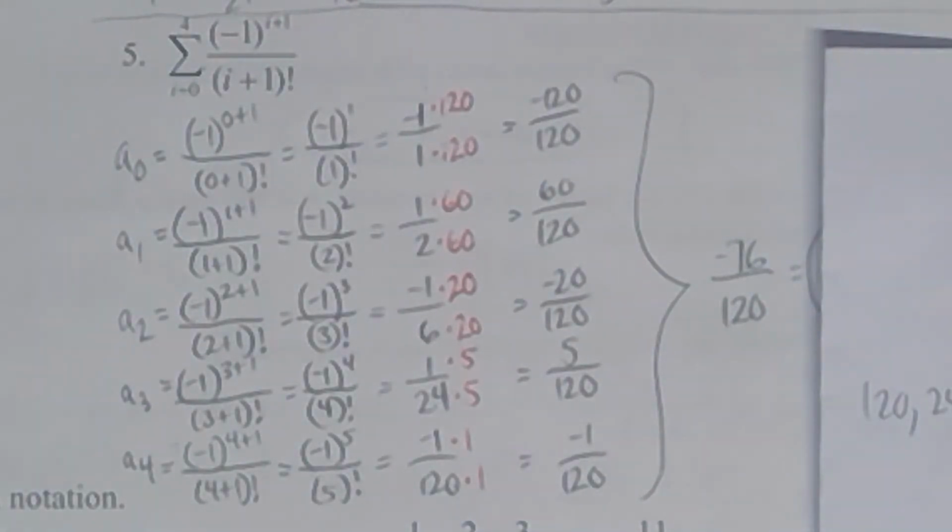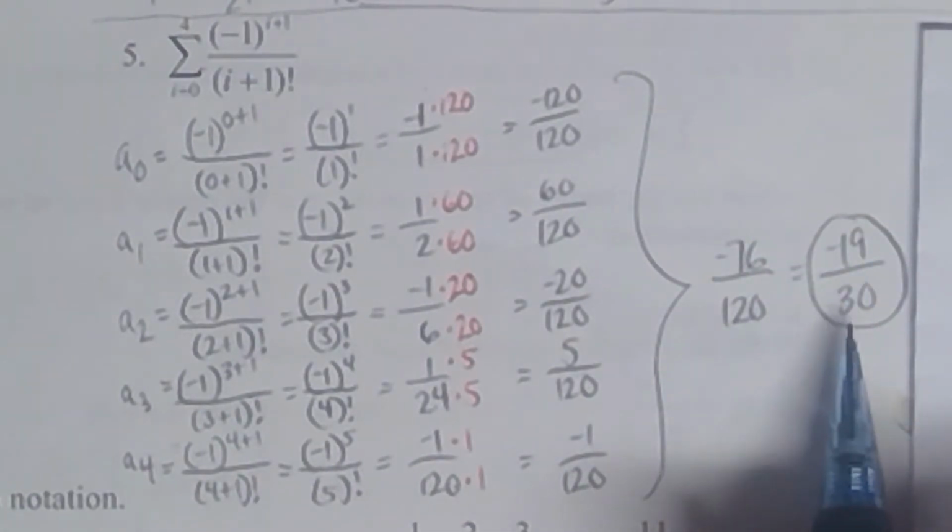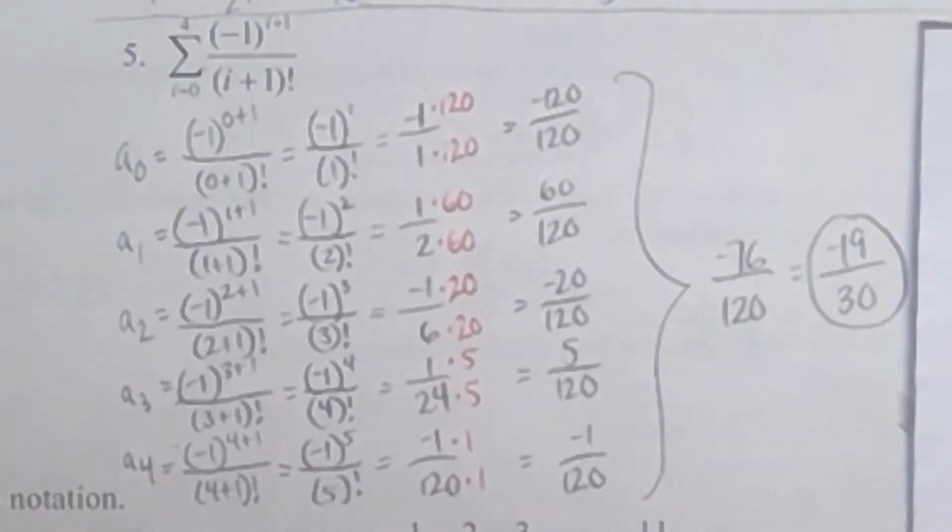Now that I've just got a single fraction as my answer, as usual, we put it in lowest terms, okay, unless they tell you to do something different. But they didn't here. They didn't say anything about making it into a decimal or anything like that. So you can just put it in lowest terms. That's fine. And negative 19/30 is your answer. Okay, so that is sigma notation.